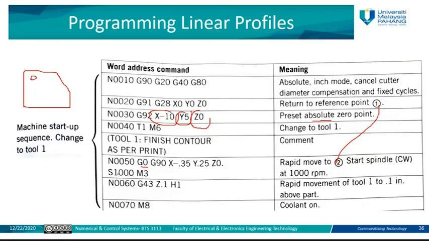And then at the speed of 1000, start the spindle at 1000 RPM clockwise. So you select to run the spindle at the speed of 1000 in the clockwise direction. Then go G43 Z1 H1 here, a rapid move with tool 1 to point 1 above the bar.